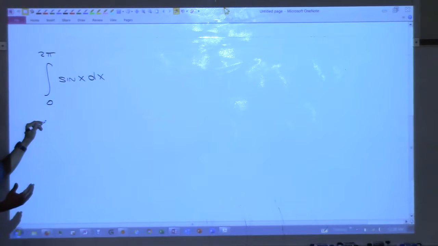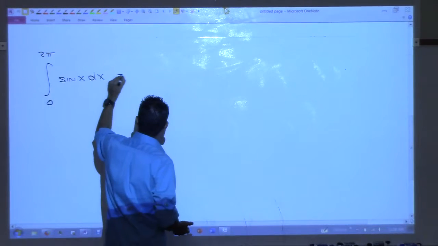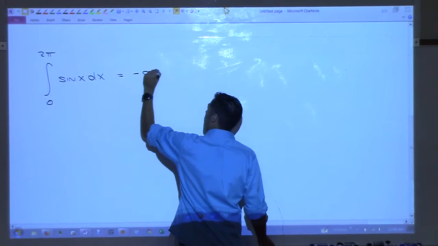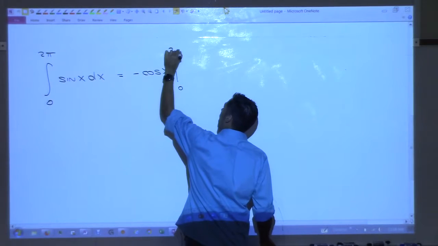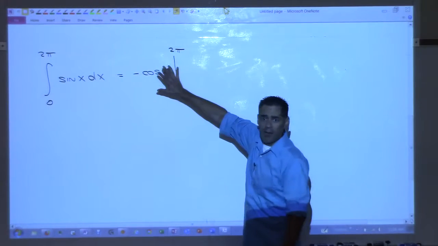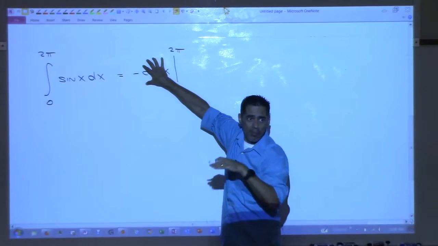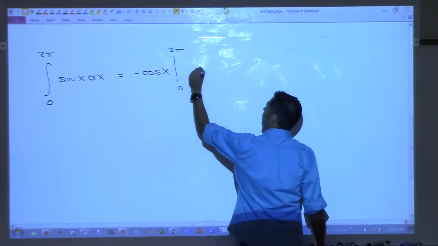The first step is to figure out the antiderivative of sine of x. What is the antiderivative of sine of x? Negative cosine of x. We write it down, and then we put this bar here with 0 and 2 pi. This was just notation we used last class to help us write the antiderivative down before we actually plug anything in. So now let's plug in.